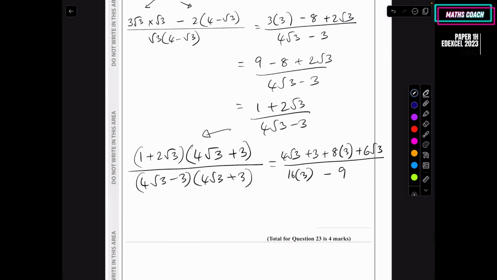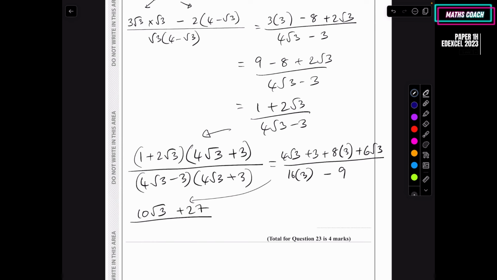All right, let's simplify this a bit further. What we got here, we can take those two terms and collect them. So that's 10 root 3, and then the 3 plus the 8 times 3, which is 24. That's 24 plus 3 right there. 24 plus 3 is 27, so that's plus 27.